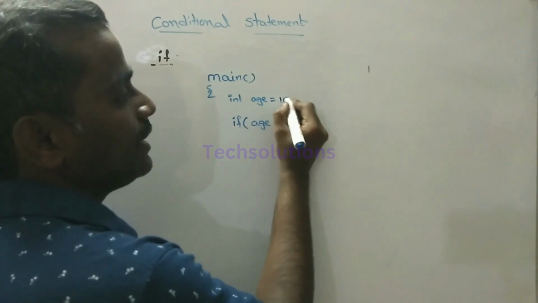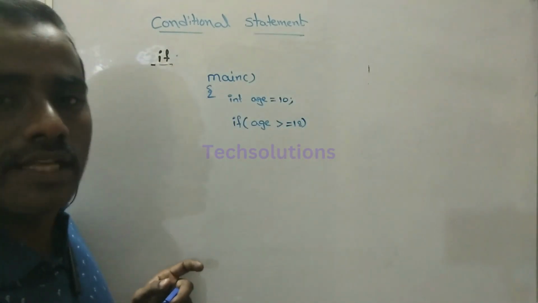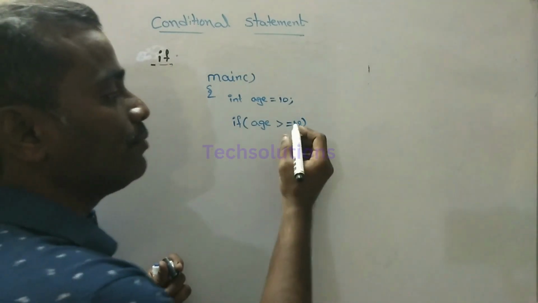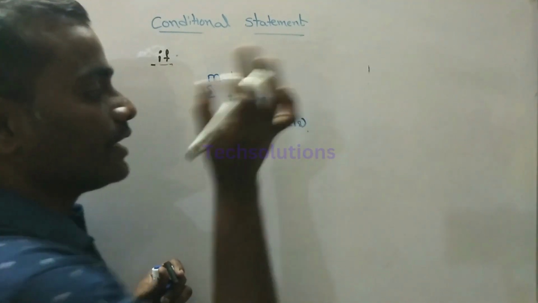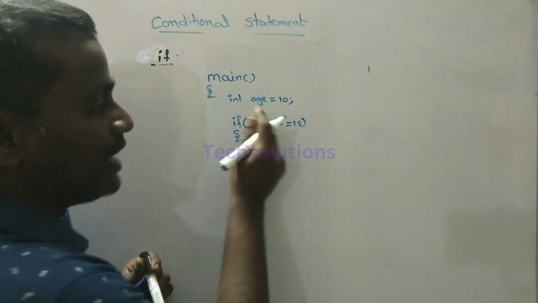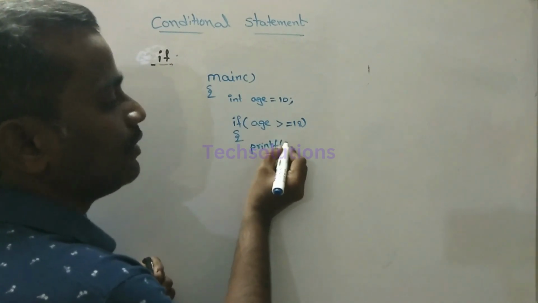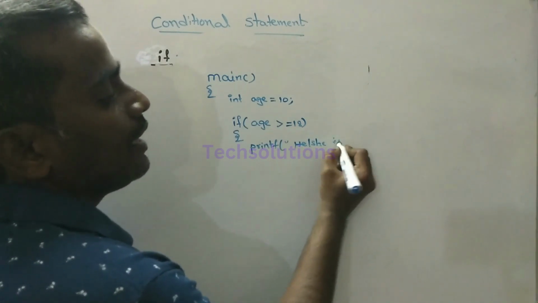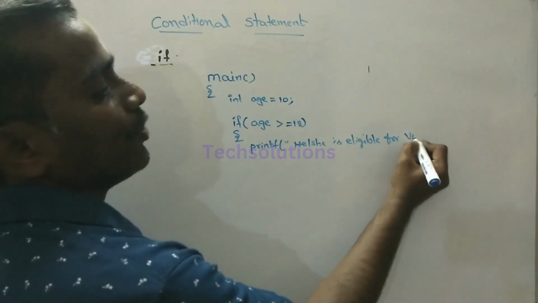Suppose my age value is 10. The condition is: if age is greater than or equal to 18, because the minimum age required for voting is 18. If it is true, I simply print he or she is eligible for voting.